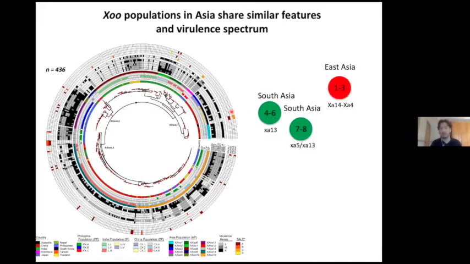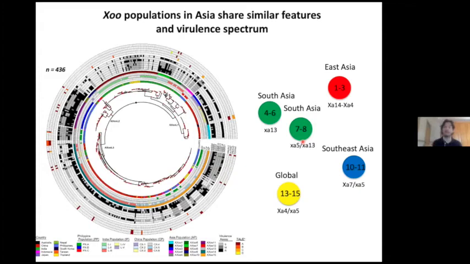I won't go into each one by one, but each population has its own way to be controlled, right? For instance, here in South Asia, we have populations 4 to 6, which can be controlled by one resistance gene that we know. But other populations, like 7 and 8, probably need 2 genes to be controlled, and so on.